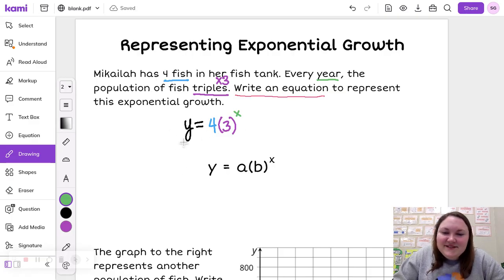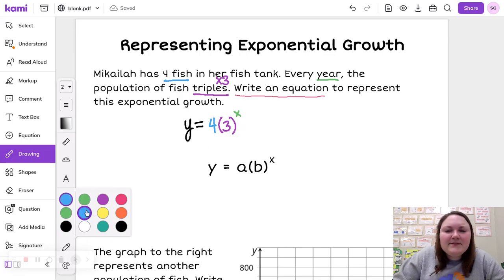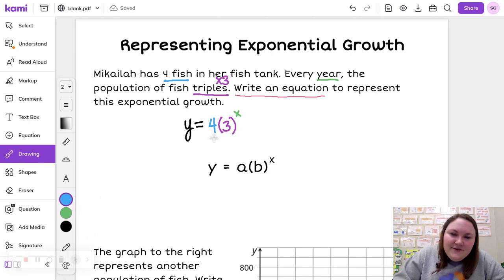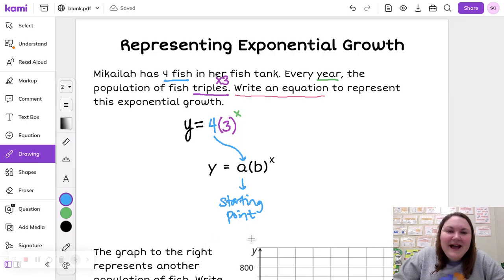When we look at these equations in exponential growth, each number in this equation means something. And we talked about this in the last lesson. That first number, that 4, always represents that starting point. And your starting point, remember, you can think of it at year 0.